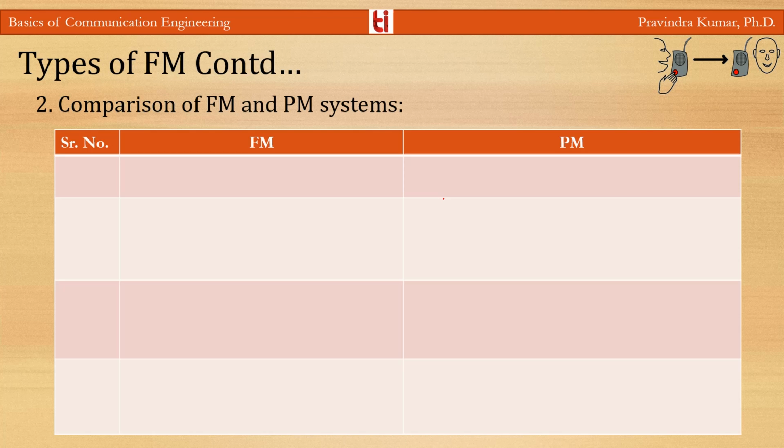Now if I go for the comparison between FM and PM systems, we can see for the FM wave we have the mathematical representation of the equation as xc(t) = Ac cos(2π fc t + mf sin 2π fm t). mf is the modulation index.